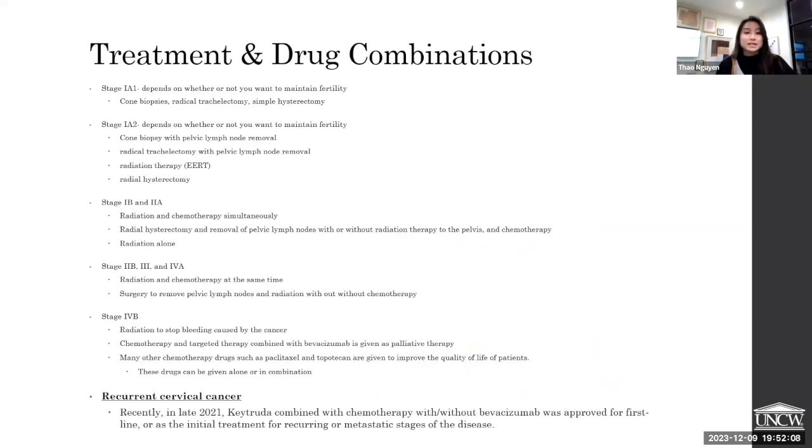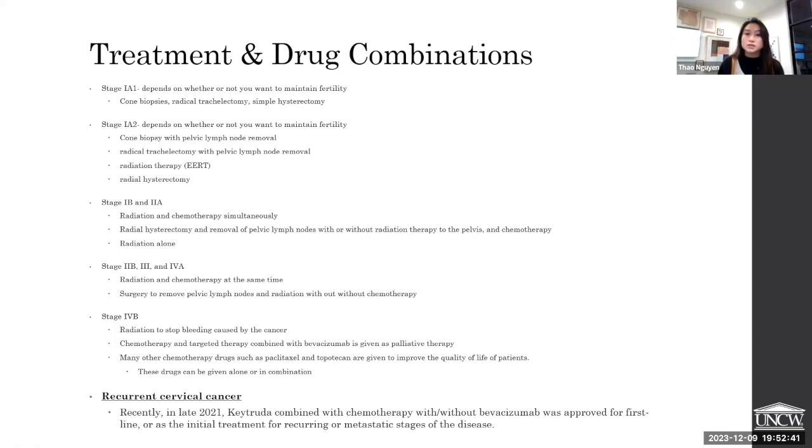Now, this is a very lengthy list of the different treatments and procedure combinations based on disease progression or cancer stage. But I want to draw your attention specifically to the recurring cervical cancer stage here at the bottom, because this is where our chosen targeted therapy comes into play. And I also wanted to share the recent finding in late 2021. Keytruda was approved for first line or the initial treatment of cervical cancers.